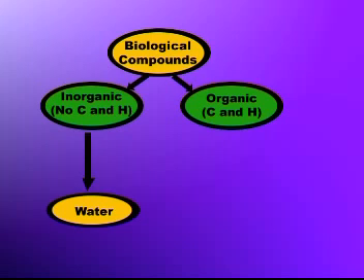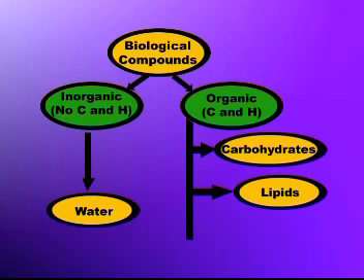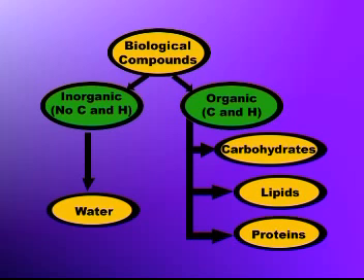Water is the most important inorganic molecule in living things. It is the universal solvent and is required for all chemical reactions that occur in cells. The most important organic compounds are carbohydrates, lipids, and proteins.